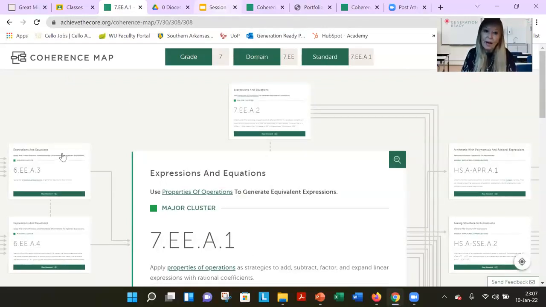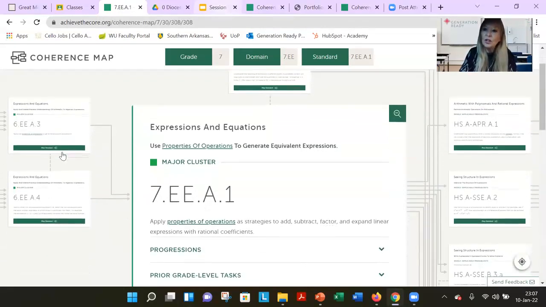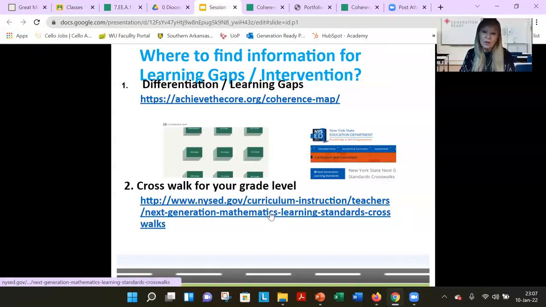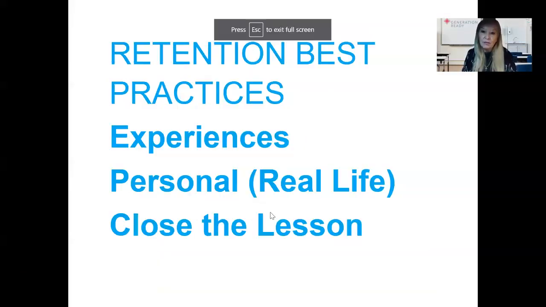And there you have your differentiation. You're identifying the learning gaps and attending to those, because it is major. We are going to do it to mastery, but we have to be purposeful about that planning. Now it's just a reminder. Also a reminder about the crosswalks, and I won't go there. That gives you real detail about each specific objective.